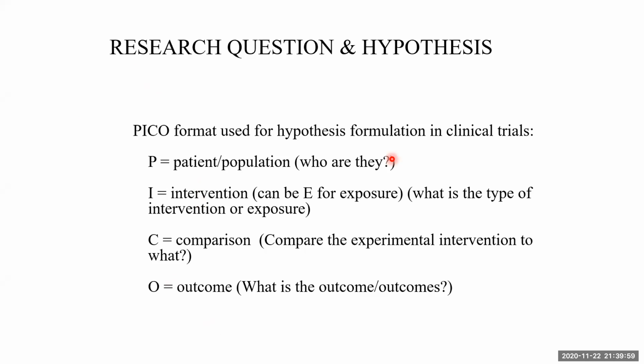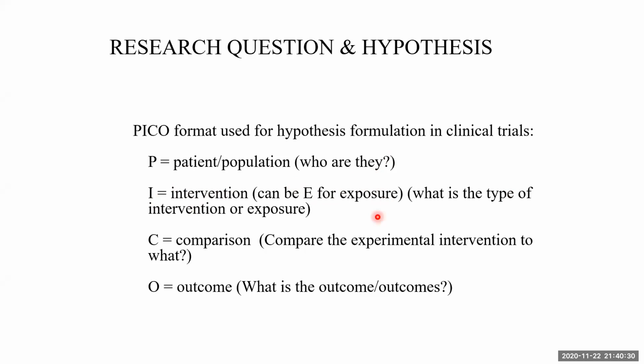The second thing is to mention the intervention, or it can be E, not I, E for exposure. You know, cohort studies sometimes don't study an intervention. They study the exposure of the person, for example, to a diet or a lifestyle. So this is called exposure. So it's either PICO or PECO.